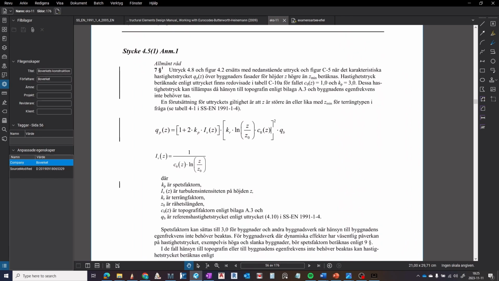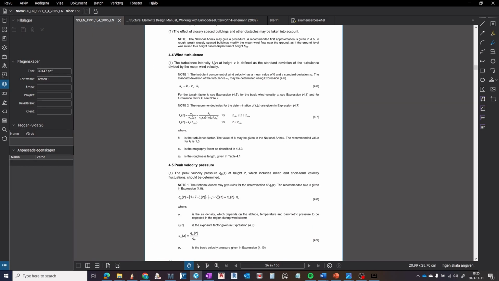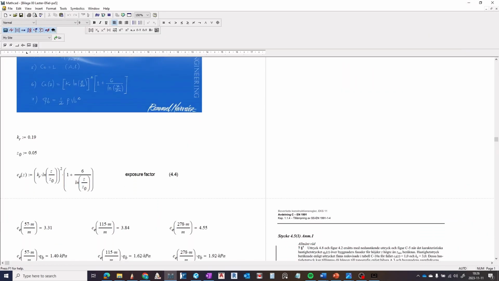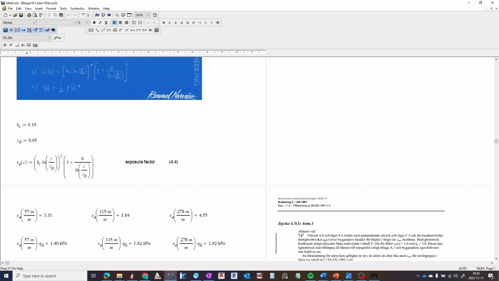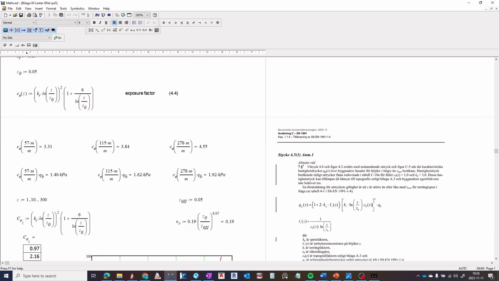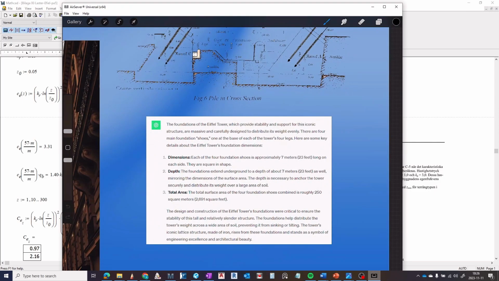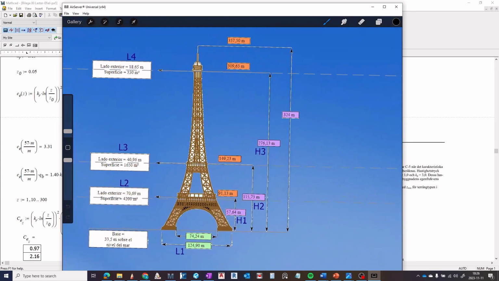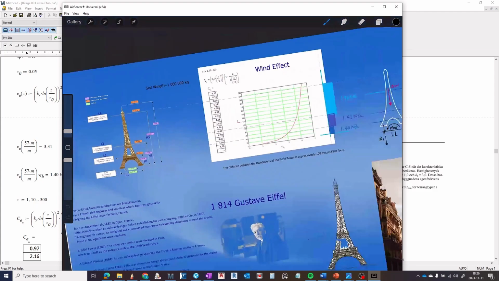I know this is in Sweden, Swedish, but I have pointed to the original in English, so you can find it over there. Right, in that way, this exposure factor is a function of the height of the building, and I can put in the different heights that I show you here, so I can find the pressure at different levels.